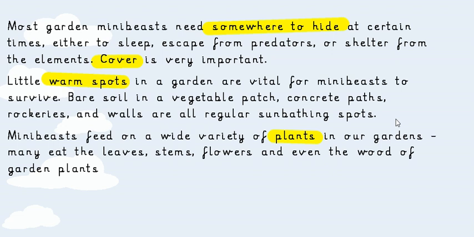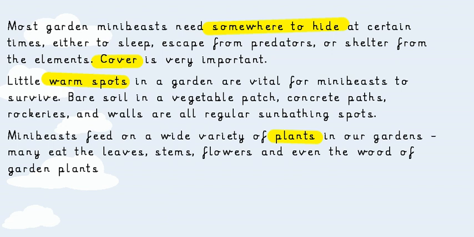So if you're a mini beast, you're going to need some warm places in your habitat. Mini beasts feed on a wide variety of plants in our gardens. So that's the food we were talking about, isn't it? Many eat the leaves, stems, flowers, and even the wood of garden plants. There you go. So there's a few vital things that mini beasts need in their habitat.